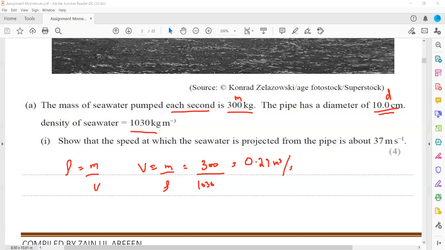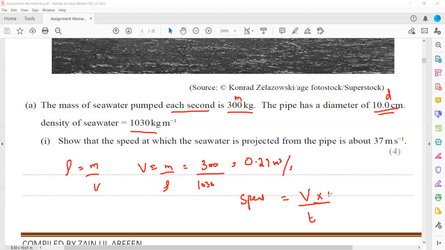Now, to get the velocity, because what is velocity? Velocity, or speed, is distance divided by time. So to calculate the speed, we have the volume which is flowing every second. So we have the rate of flow, or rate of change in the volume.